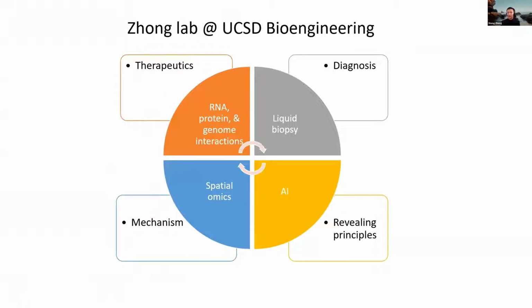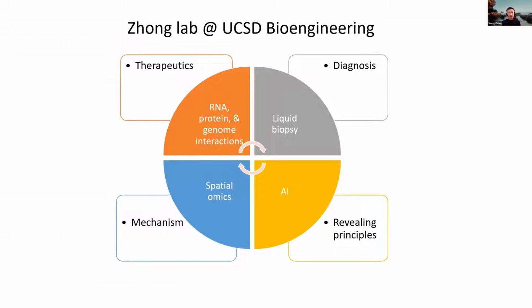Regarding my lab at UCSD, we generally work on the 4 directions. In the upper left corner, we have great interest in developing molecular technologies to interrogate systematically RNA, protein, and genome interactions. We hope to review many interactions among RNA, protein, chromatin at once experimentally.